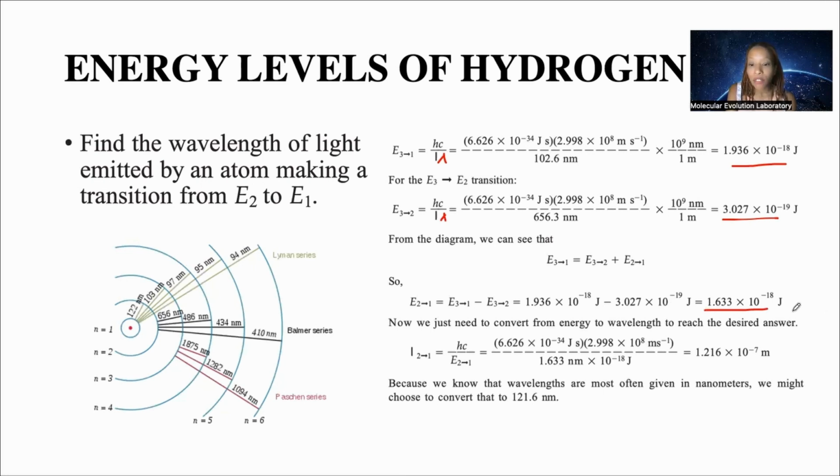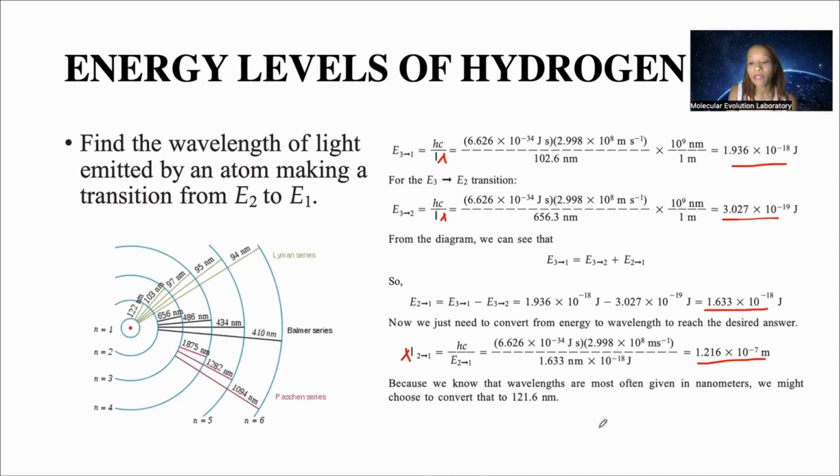So now we need to convert from energy to wavelength to reach the desired number. The wavelength from 2 to 1 uses the same equation, Planck's constant times the speed of light divided by the energy of E2 to E1, 1.633 times 10 to the negative 18 joules, which gives us 1.216 times 10 to the negative 7 meters.